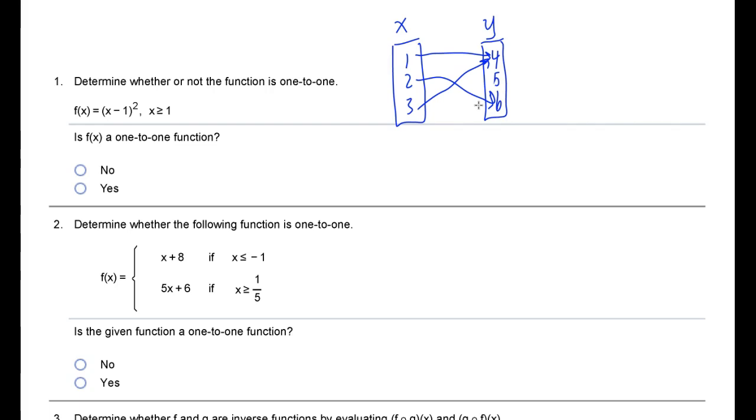We know that because the definition of a function is that we have two non-empty sets, namely x values and y values, that are related to each other such that every x value has exactly one y value that it corresponds to. Now, if we were to come up with another type of mapping to show what is not a function, it would look something like this.